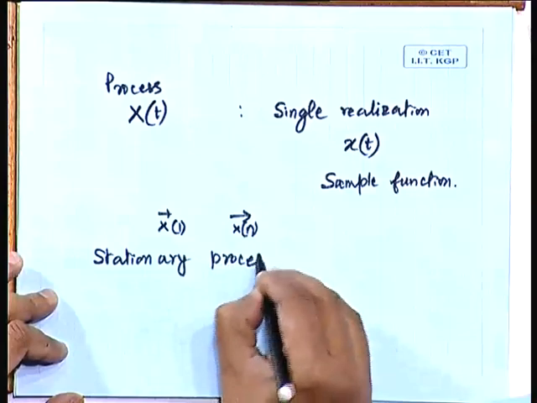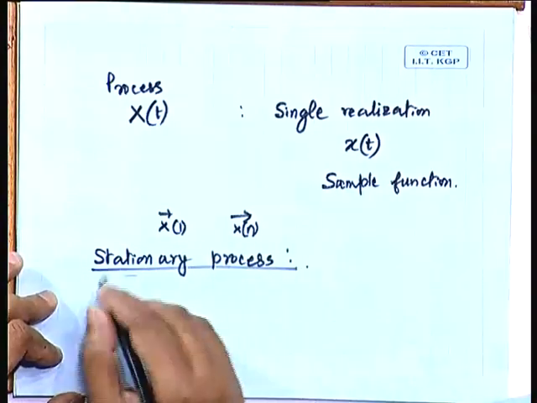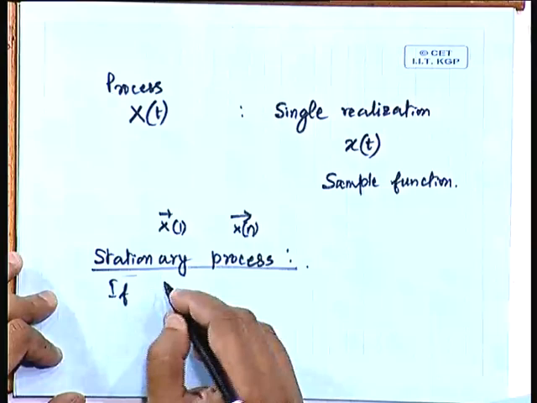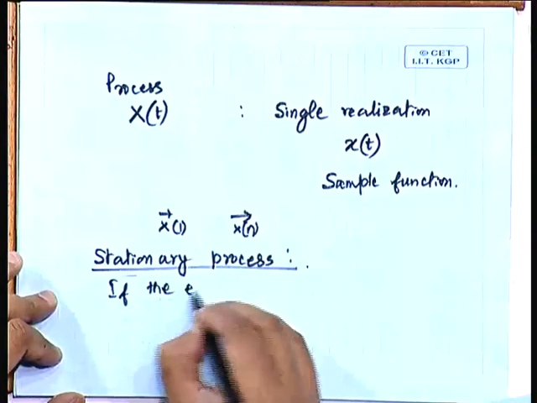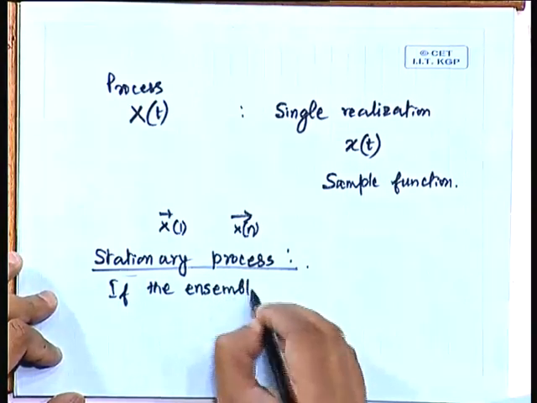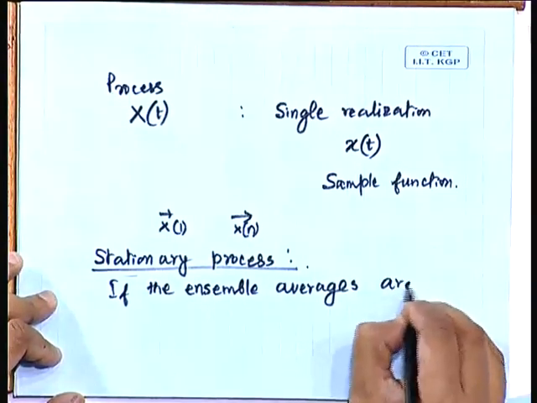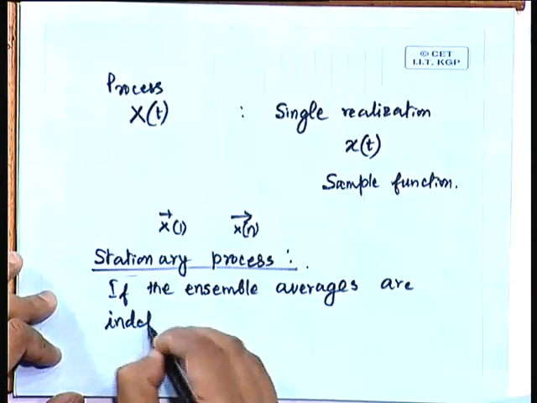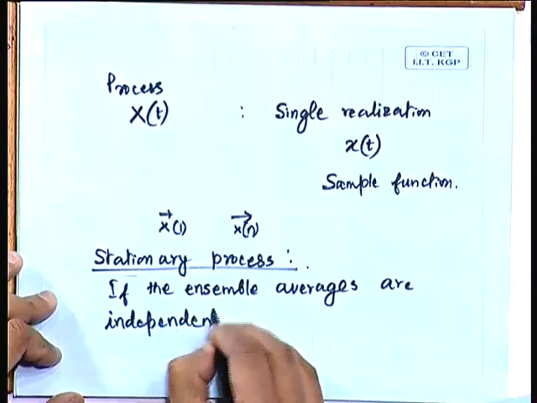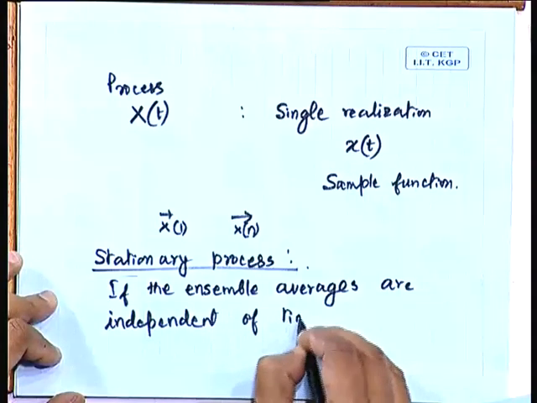The definition of a stationary process is that the ensemble averages are independent of time. Just to understand it in a very qualitative sense, a stationary process is something where the statistical characteristics do not suddenly deviate.